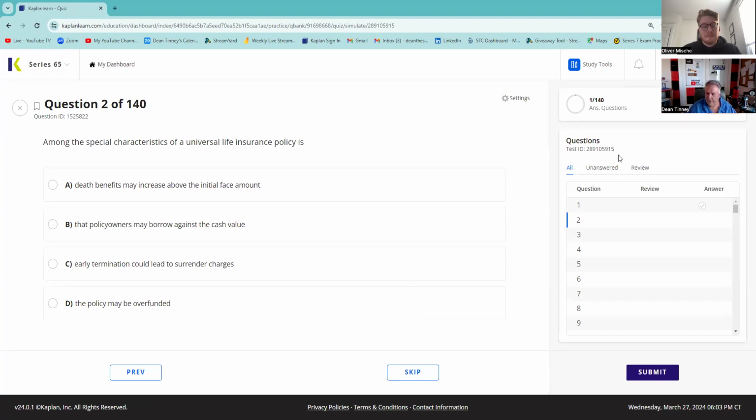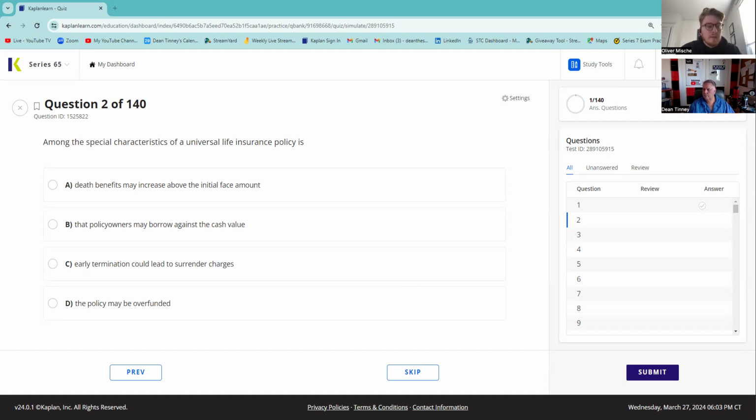No problem. Among the special characteristics of a universal life insurance policy is... Okay, so it is not D, the termination could lead to a surrender charge. The policy owners can borrow against cash value.